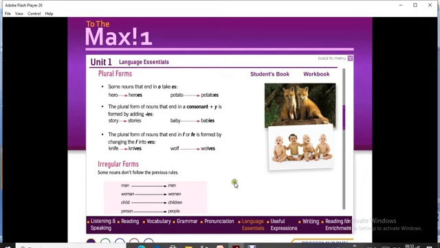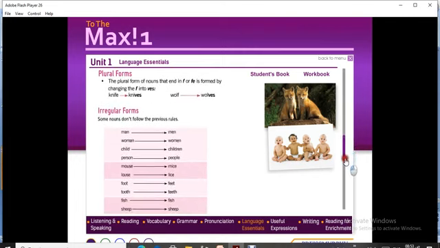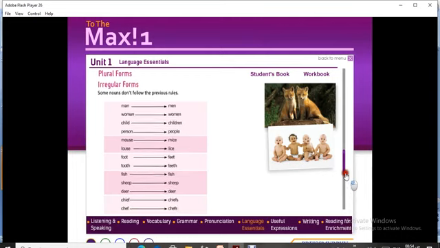Now, there are some irregular forms. I'm not going to do them all. I'm going to keep three for you to do as homework.